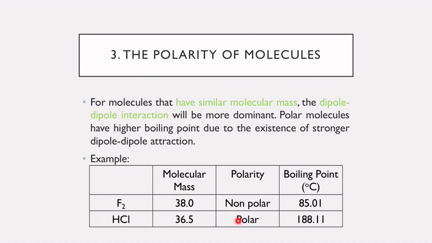Therefore, HCl, since it is polar, has dipole-dipole interaction. That dipole-dipole interaction is much stronger than London dispersion forces. So that's why the boiling point is much higher. You need more energy, more heat to reach the boiling point of your molecule.